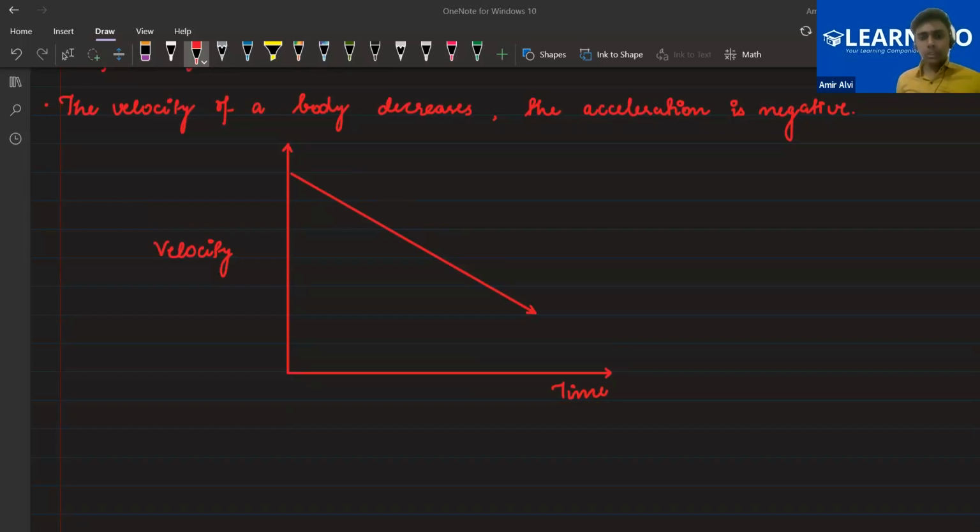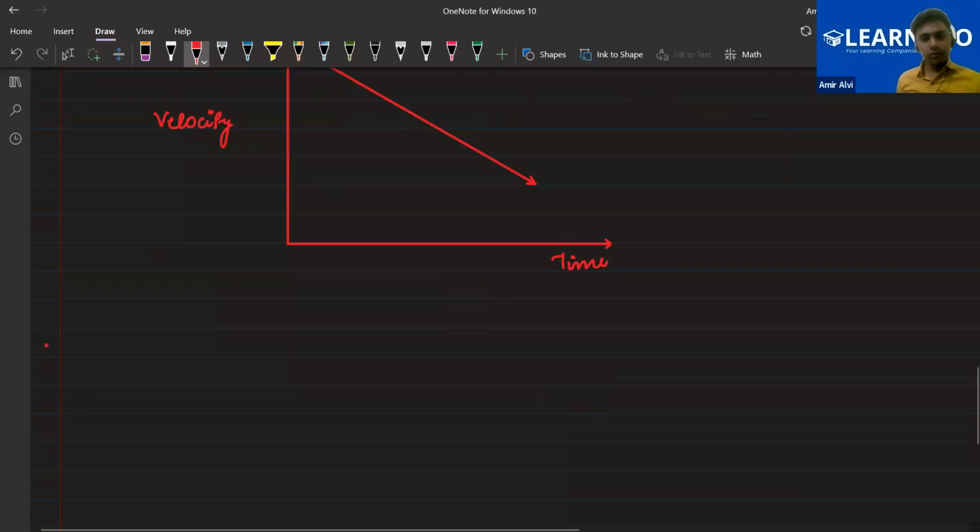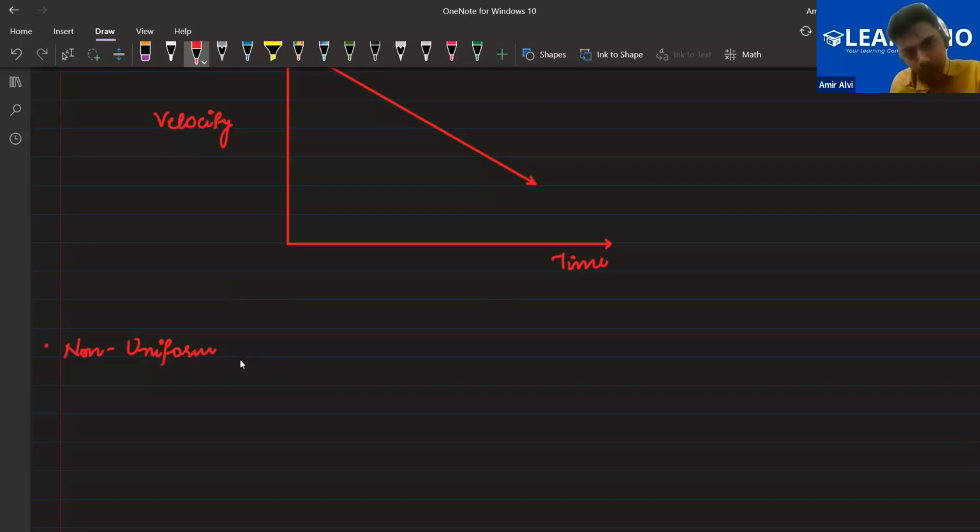Now it comes to the point about non-uniform acceleration. So what do you understand by non-uniform acceleration?